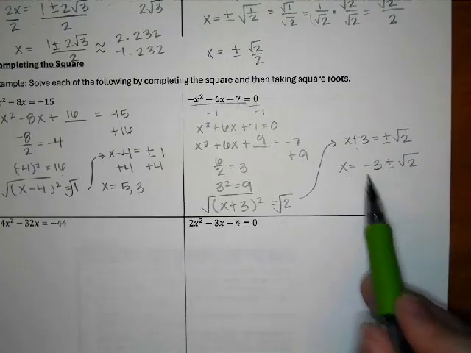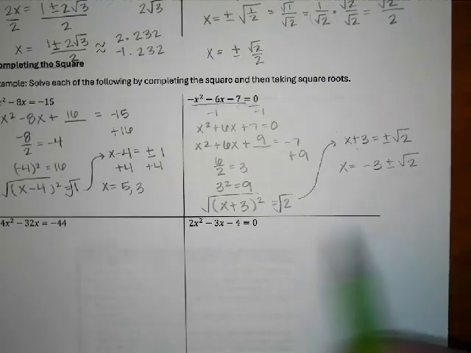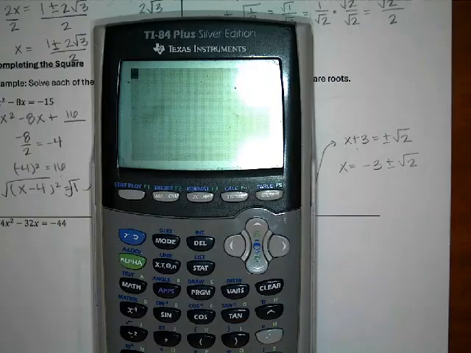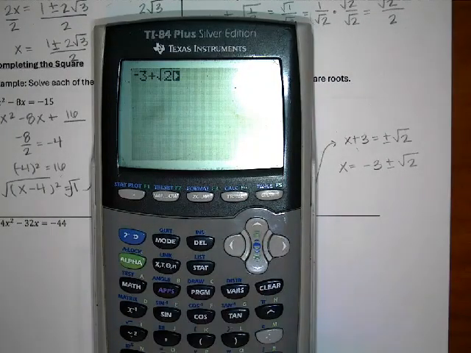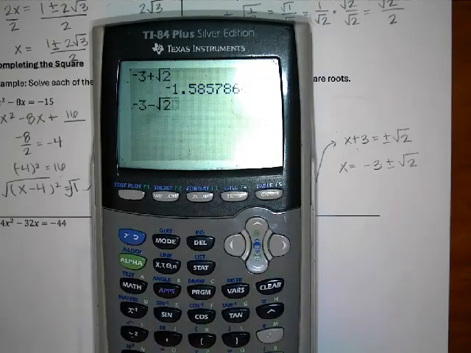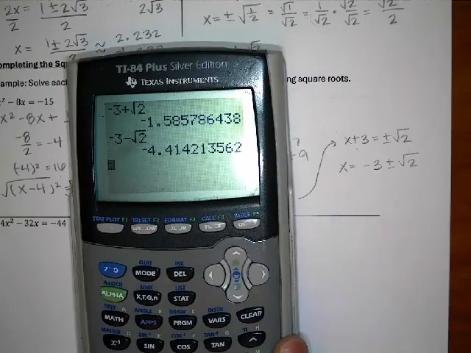And this is the exact answer. If I wanted the approximate answer, I could type this in on my calculator. So it would be negative 3 plus square root 2, negative 3 minus square root 2 would be the two approximate answers.